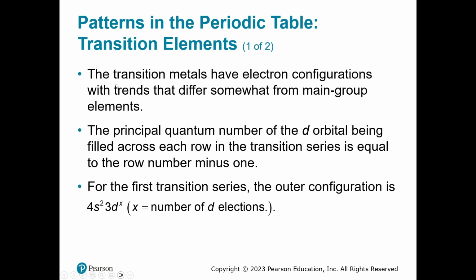So, transition metals have just the same electron configurations as main group elements. Their valence shell ends in the D block. Whatever block you're in, the S block, the D block, the P block, that's where your last valence electron is going to be. So if you're in the D block, whatever position I am in the D block, that's how many D electrons I'm going to have.